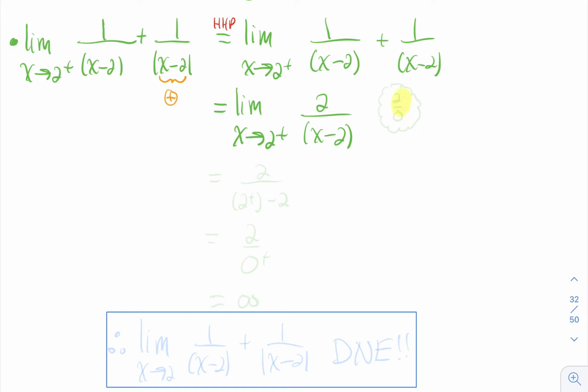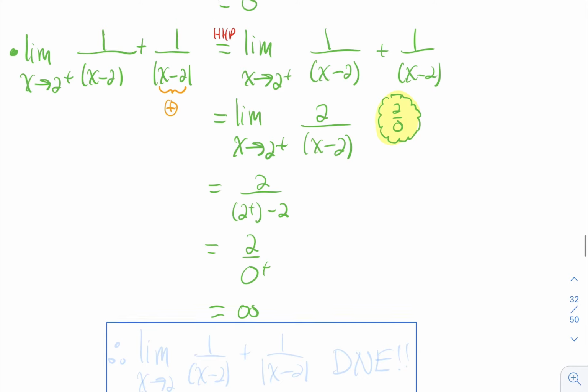If I plug 2 inside, I'm going to get 2 over 0. So that's my green light. If you have a division by 0, you have to replace x by 2 plus. So you get 2 over 2 plus minus 2, and 2 plus minus 2, that's 0 plus, and 2 over 0 plus, that's plus infinity.